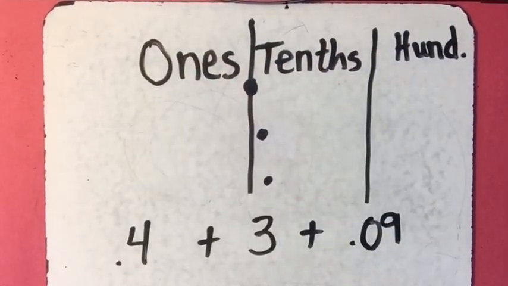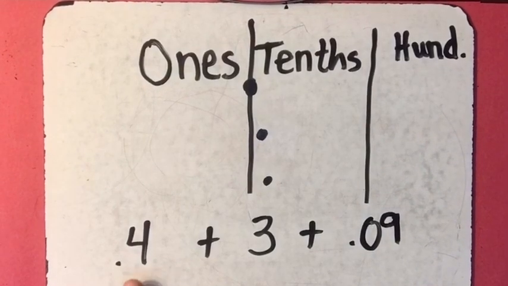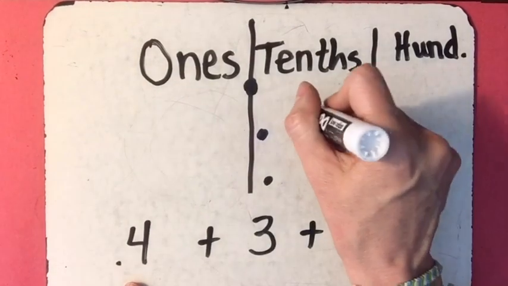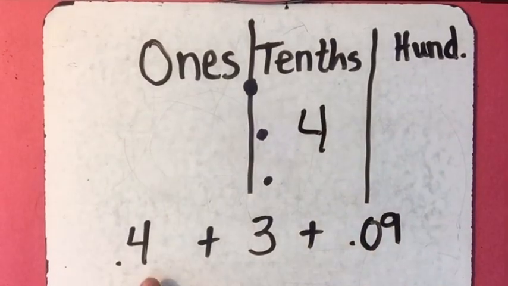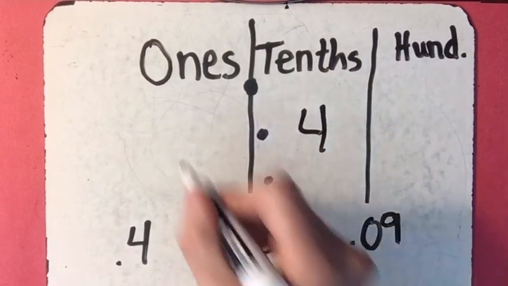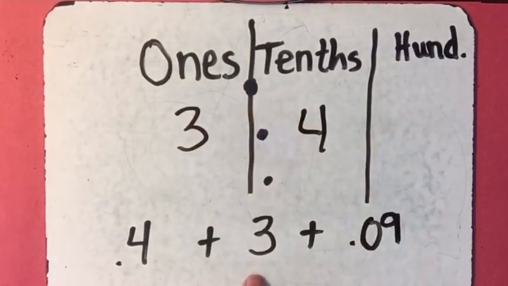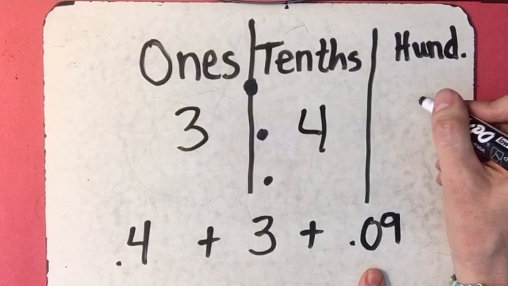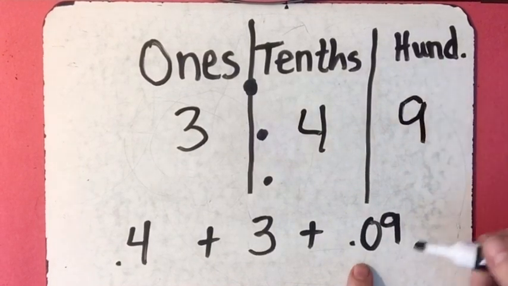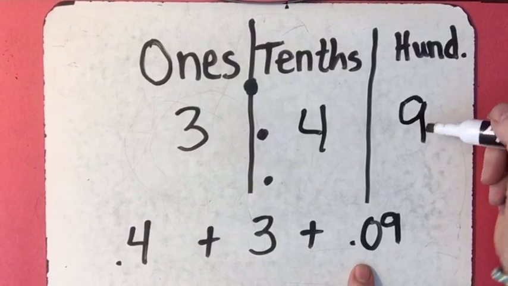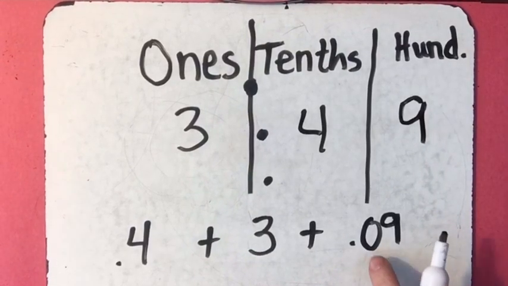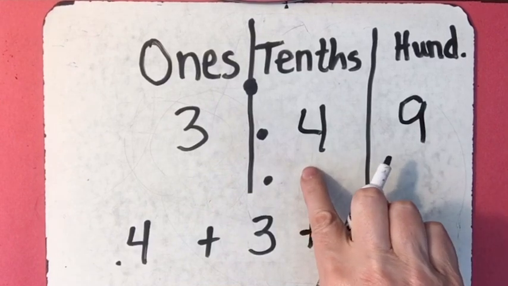Okay, so now what we have is 4/10. Where is that going to go? It's going to go right there. We have 3 wholes. Where's that going to go? It'll go right there. And my 9/100 will go right there. You'll notice when I put the digit 9 into the hundredths column, I lose the 0, because the 0 is technically over here.